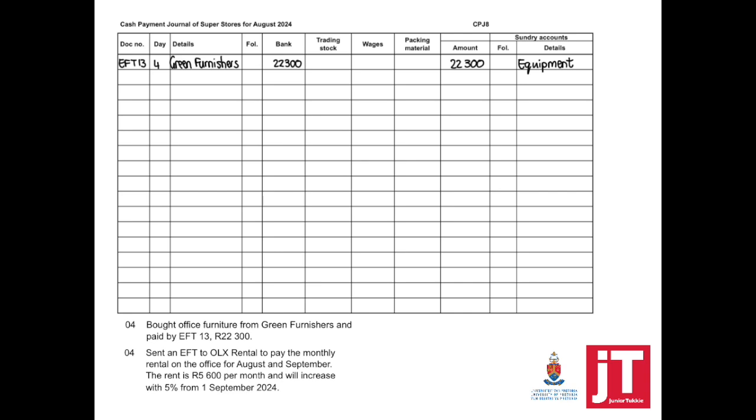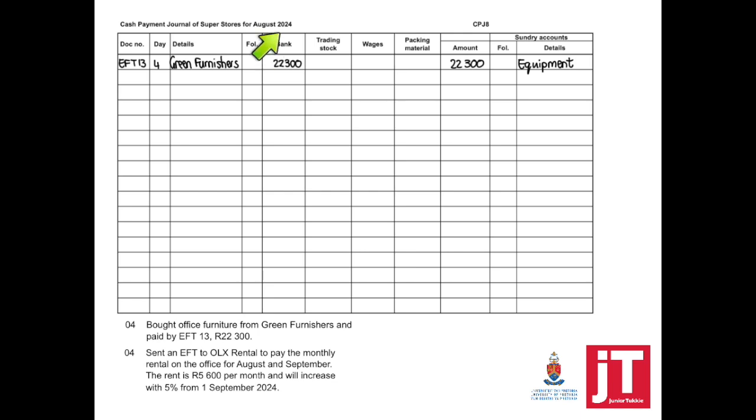On the same day, send an EFT to OLX Rental to pay the monthly rental of the office for August and September. The rent is 5,600 per month and will increase with 5% from the 1st of September. So this is important to take note of.